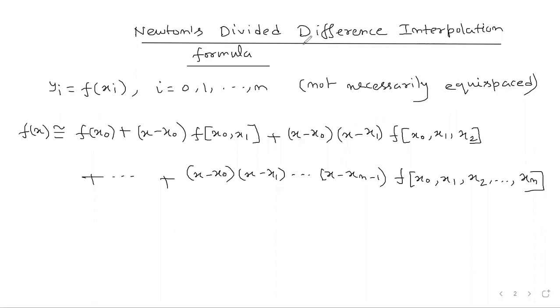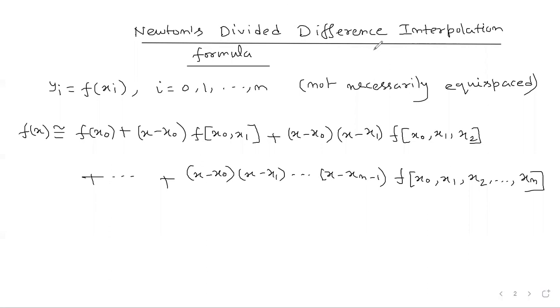Because Newton's divided difference interpolation formula is a general interpolation technique, we can apply this technique to any kind of data set. It may be equispaced or unequally spaced, doesn't matter. We don't have such restrictions like Newton's forward interpolation and Newton's backward interpolation technique.